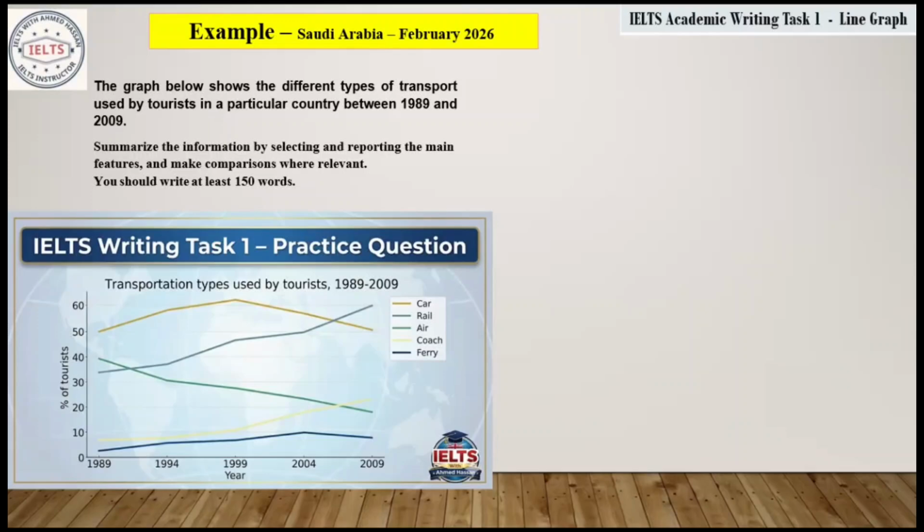So in our introduction, what will we write? We will paraphrase the question. Okay? Come with us to see how we can write our introduction and how we can paraphrase it.